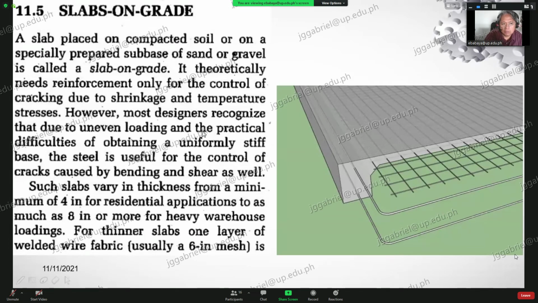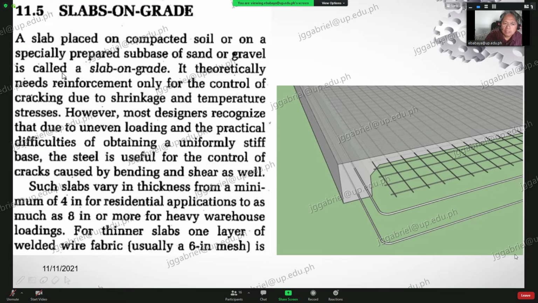Now, for slabs on grade, so as the term mentions it, they are on grade. Okay. They are placed on compacted soil or on a specially prepared sub-base of sand or gravel. It theoretically needs reinforcement only for the control of cracking due to shrinkage and temperature stresses.